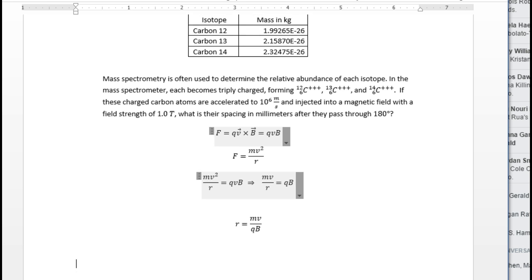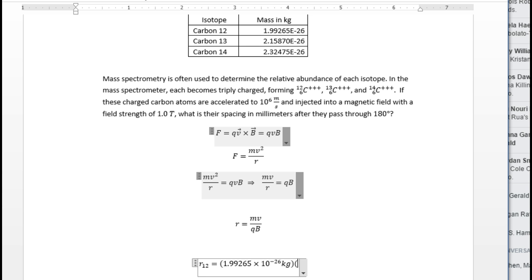All right. Now let's put in some numbers. R12 is the radius for carbon 12, and the mass of carbon 12 is 1.99265 times 10 to the minus 26 kilograms.